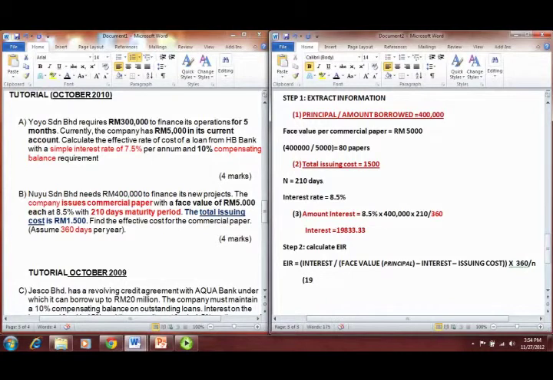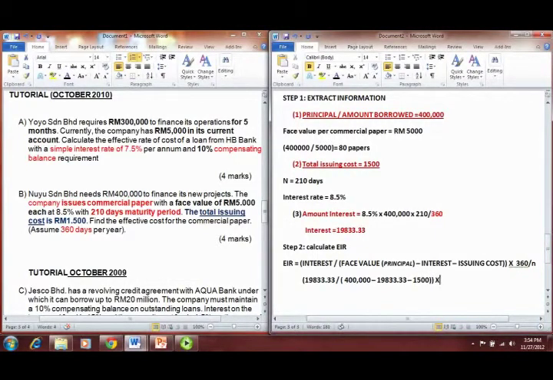So your interest is 19833.33, divided by, what is your face value class? 400,000 minus your interest, using the same amount of interest as you have calculated in information 3, 19833.33, minus your issuing cost. As you can see, the question has calculated for you the total issuing cost. It is 1,500.